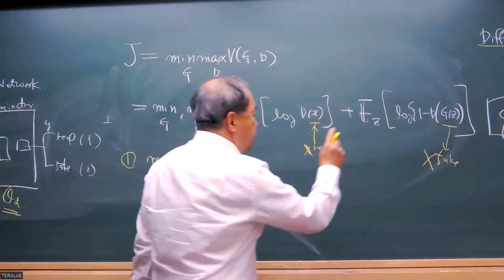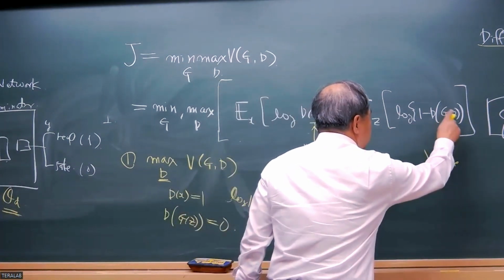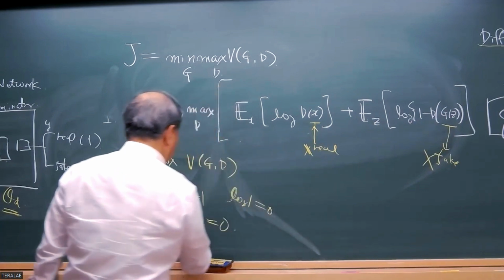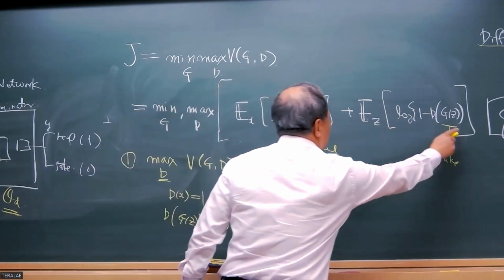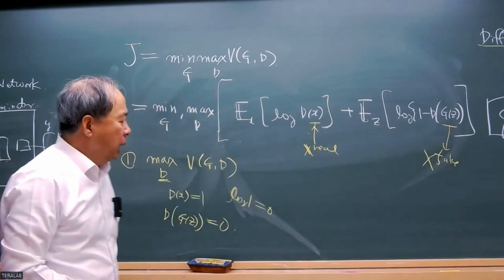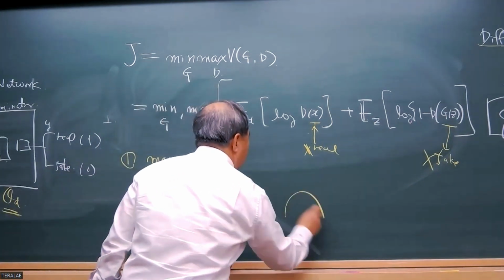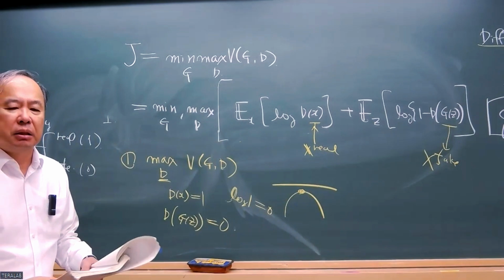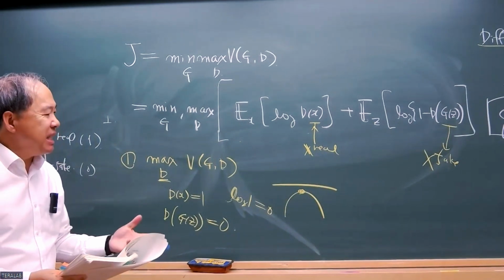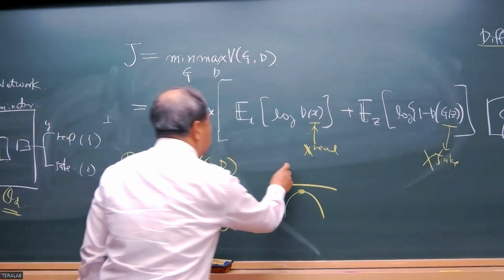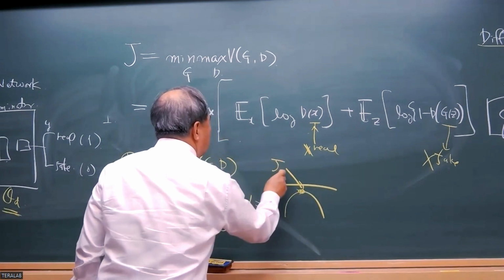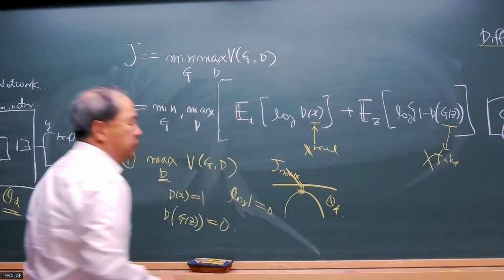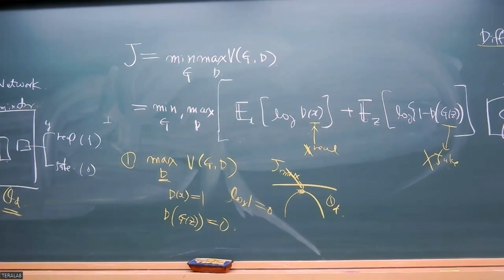And if your discriminator input is generator output that's fake, that should be 0. Then this term also becomes maximum. And that means you have to apply gradient ascent so that this loss function should be maximum by updating the discriminator network parameters.